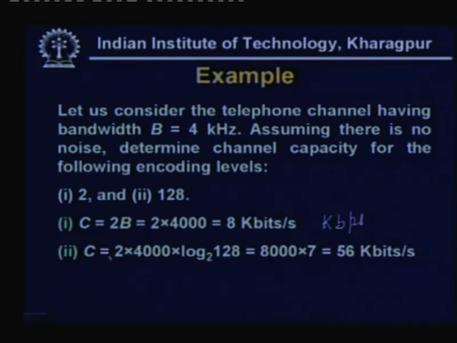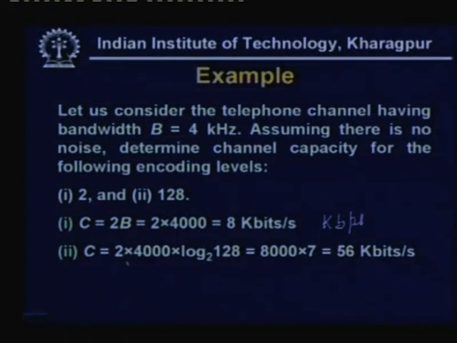On the other hand, when we are using 128 different levels for encoding, later on we shall discuss in details how multi-level encoding can be done, then we can send 2 into 4000, that is the bandwidth, into log 2 128. That means it gives us 8000 into 7 or 56 kilobits per second, that means 56 kbps.